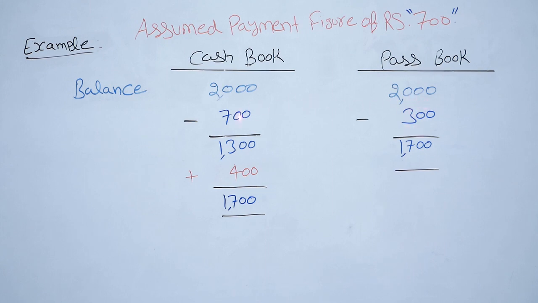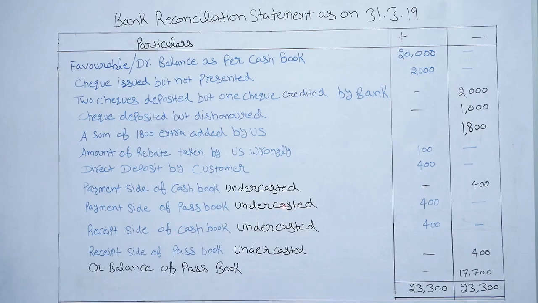But we wrote full amount of 700 rupees in cash book, which is correct. So as per cash book, balance is 1300. As per passbook, balance is 1700. We will add 400 rupees in the cash book so that it can match with passbook balance. Therefore, we will add 400 rupees. Payment side of passbook undercasted, it will come in the plus item.